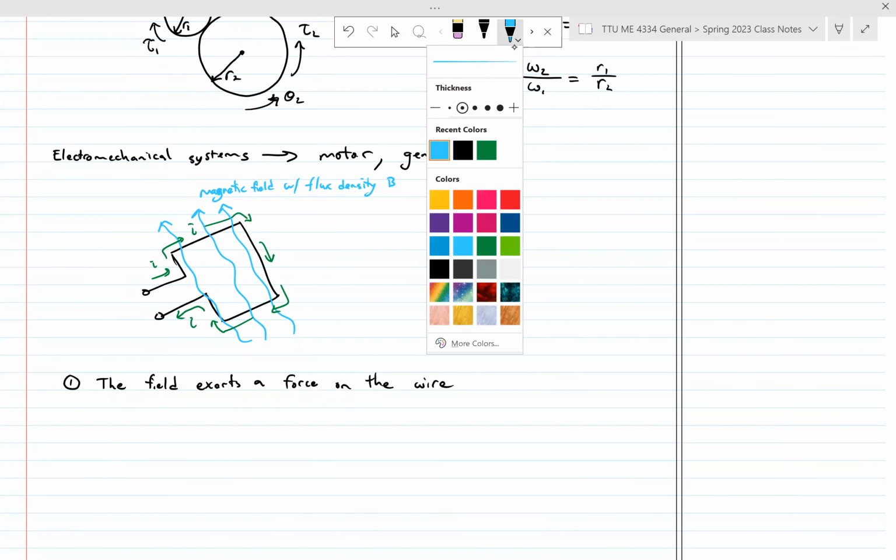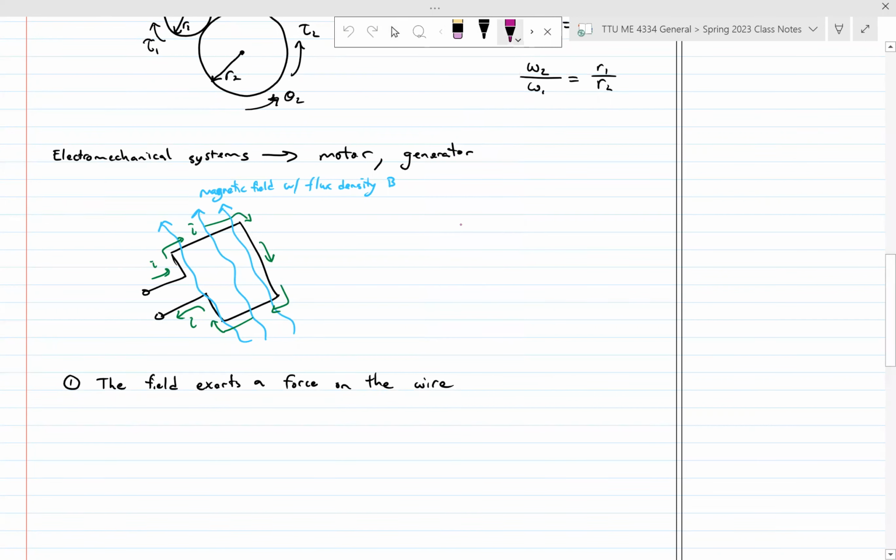In this case, over here, because of this current and this magnetic field, using the right-hand rule, we get a force pointing up, trying to rotate the wire this way.